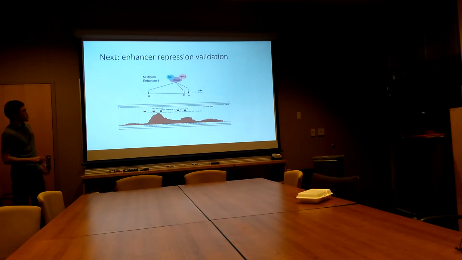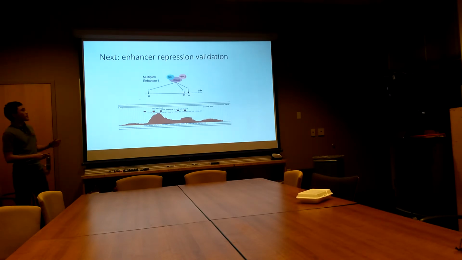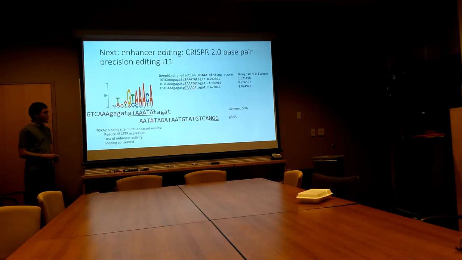Here I showed my design of the guide RNAs covering the intron 11 region. I have other guide RNAs covering the intron 1 region. After transfecting these RNAs and plasmids coding for these proteins into the cell, we are likely to see a response of repressing the enhancer similar to our deletion of the enhancer.